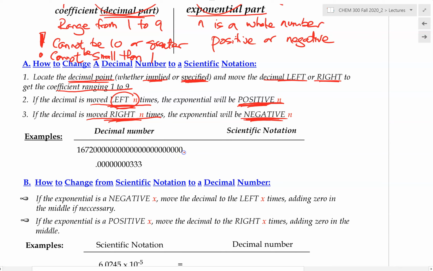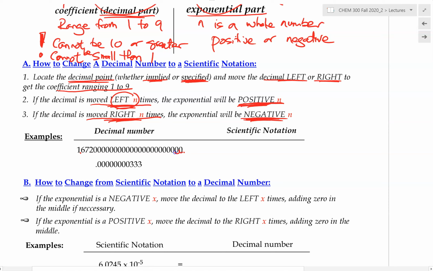And right now it is at the end of these 0s. In this case, we have to move it to the left, right? We have to move the decimal point so that it is between the 1 and the 6, because we have to make sure the coefficient part ranges from 1 to 9. So now let's figure out how many times we have to move it.